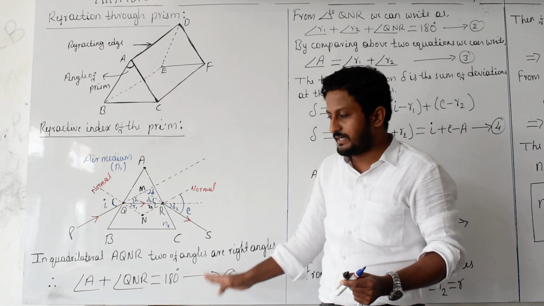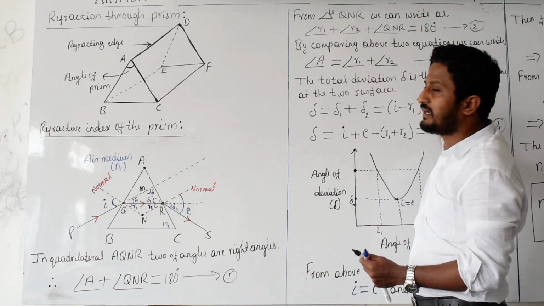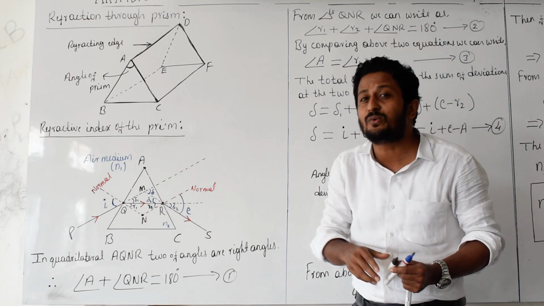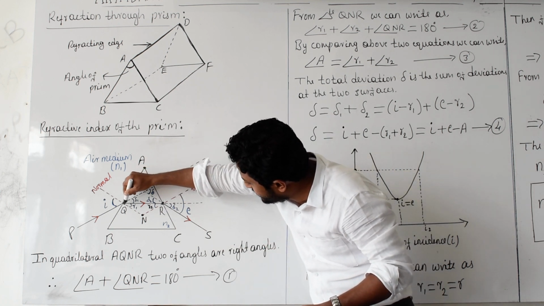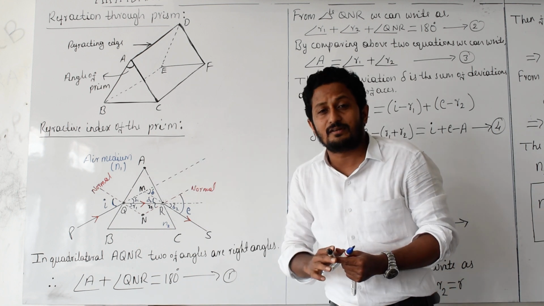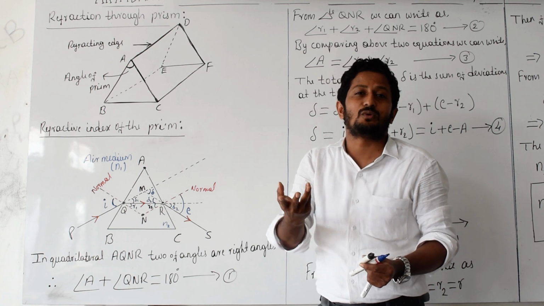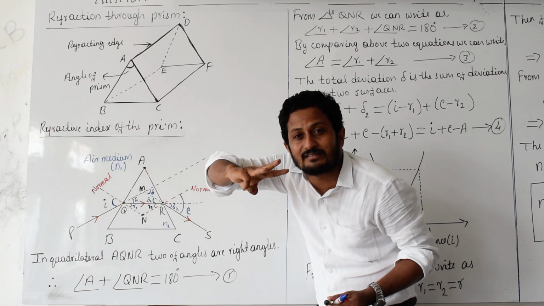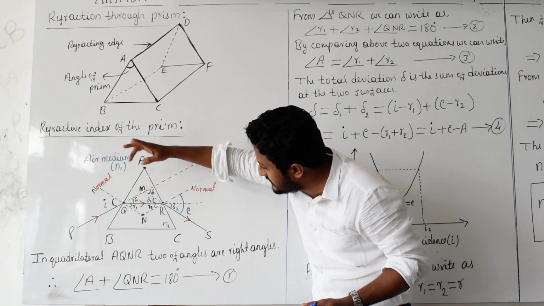Now, from triangle QNR, we can write. Where is that QNR? Look here. This is Q, and this one is N, and this one is R. The sum of all three angles of that triangle is equal to 180 degrees. Which are those three angles?